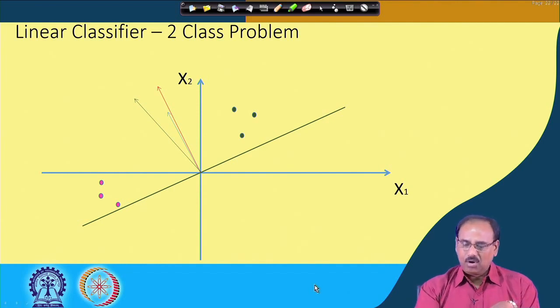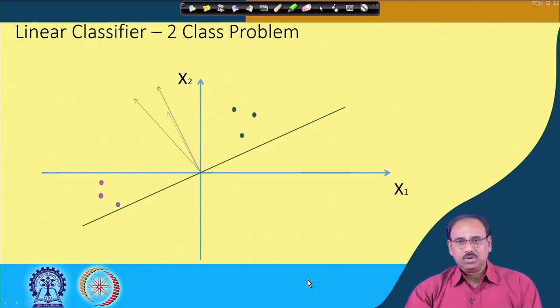If the samples are not linearly separable, then it is not possible to obtain a separating boundary like this. The approach that we have to take in such cases is what is known as the minimum error criteria, so that the separating plane that you obtain does not totally remove the error, but will try to minimize the squared error of classification.